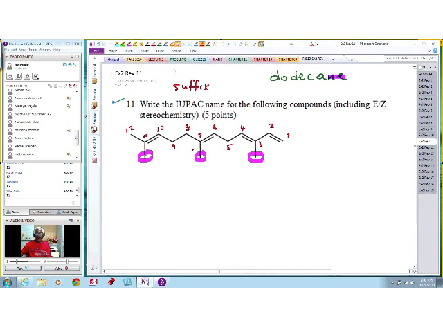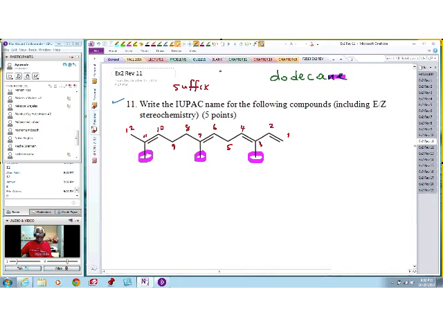Now, we know that we don't need to worry about stereochemistry for the double bond in 1. Okay, let me ask you this. What is the stereochemistry of this double bond between 3 and 4? Is it E or Z?